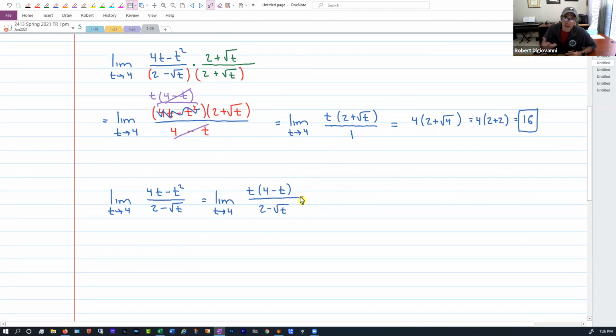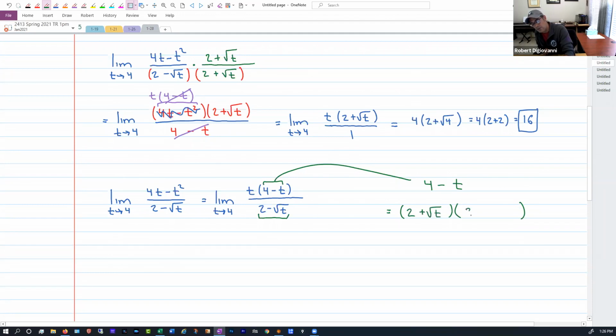Now, because I'm a Cal 1 student and I'm getting better at algebra, I realize I really want this to go away. But I realize that this 4 minus t, if I squint my eyes enough, I could do a difference of squares on this. I could write this as 2 plus root t times 2 minus root t.